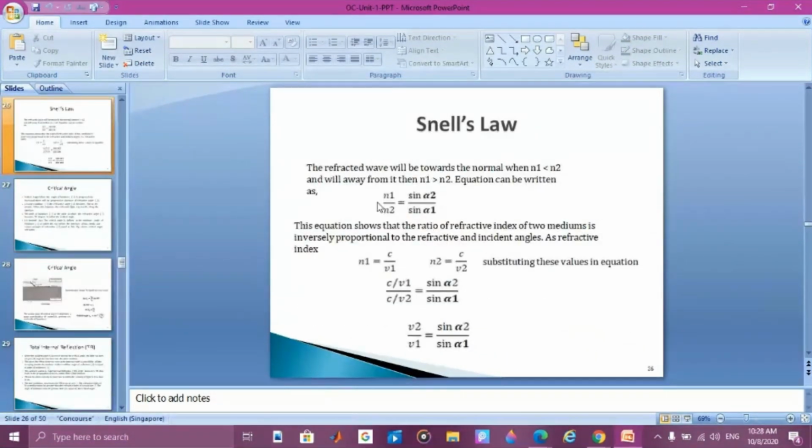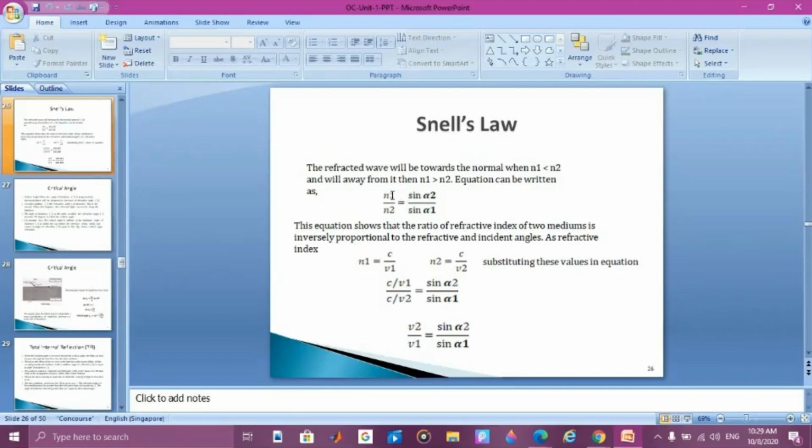Okay. So when there are two different media, what comes? Not only n, so it is represented as n1 and n2. So n1 equal to c by v1, n2 equal to c by v2. Okay. So substitute in this equation, because here n1 by n2 equal to sin alpha 2 divided by sin alpha 1. So substitute the n values in this equation.